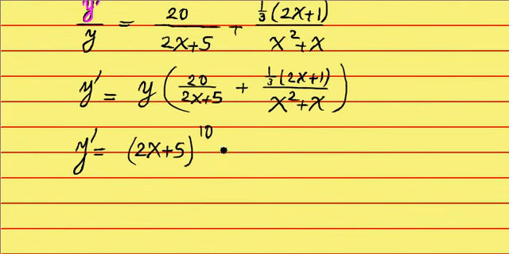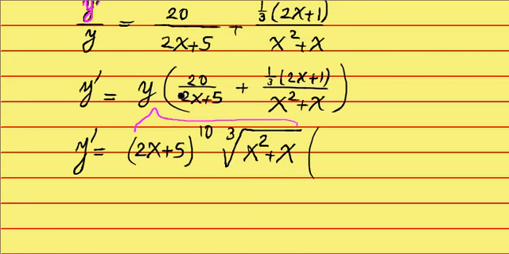And the other portion was cube root of x squared plus x. So all of this is this y. And then we continue with this thing up front, 20 over 2x plus 5. And this 1/3 is bothering me over there. So 2x plus 1, I might as well put it in the denominator, 3 times x squared plus x.